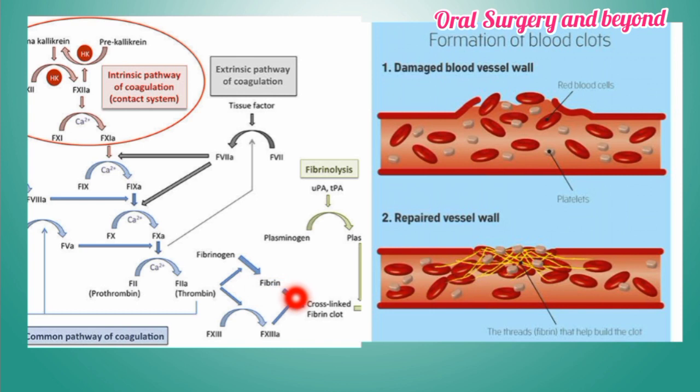Fibrin is the main thing that helps to form clots. In the images we can see that whenever there is an injury to the soft tissue, oral mucosa or skin, red blood accumulates at the region, and platelets come to the region, which helps to form a mechanical clot. The fibrin also helps to form the clot and stop the bleeding. This is the basic clotting mechanism.